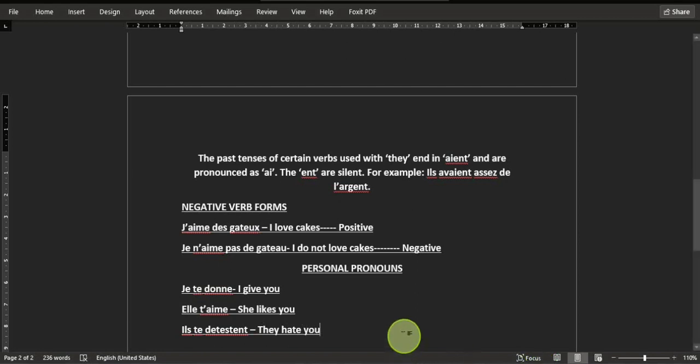Can you see that? Te, objective case. Je te donne, I give you. Elle t'aime, she likes you. Ils te détestent, the ENT are not pronounced, as I said before. Ils te détestent, they hate you. Okay?